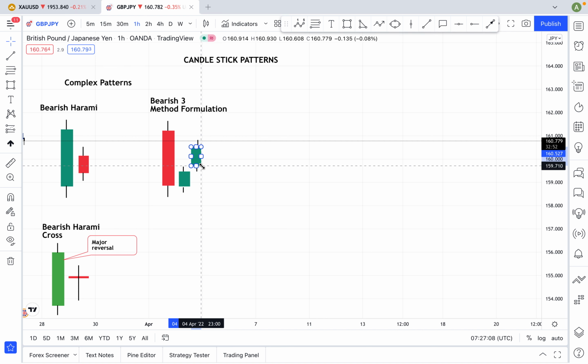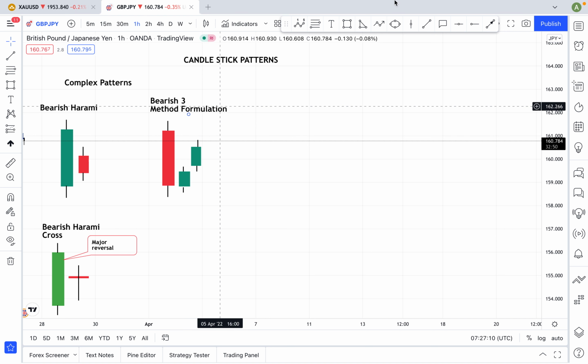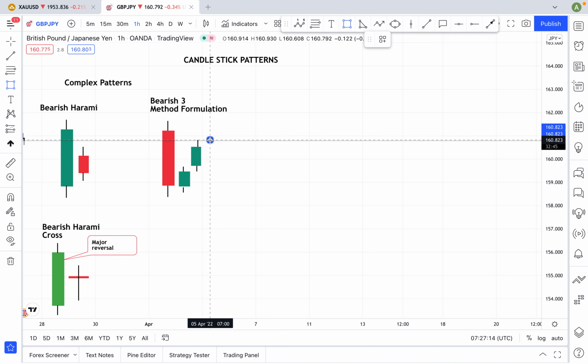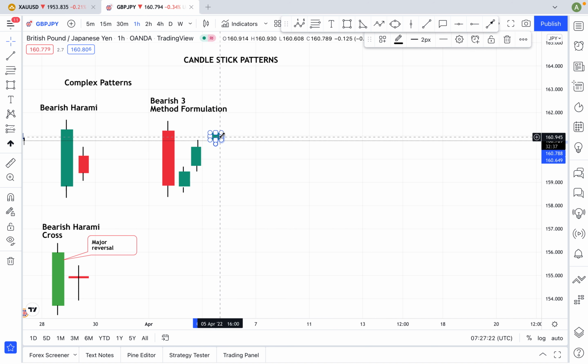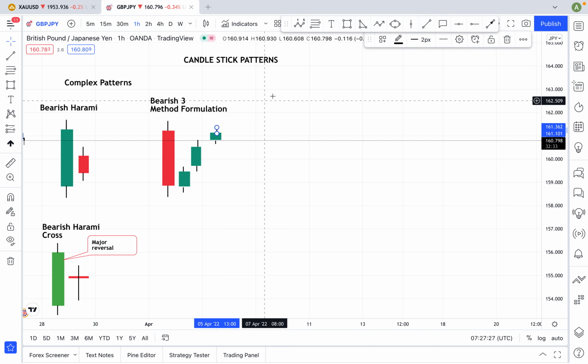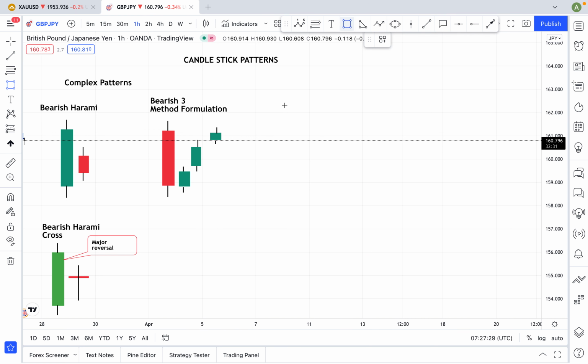No matter what, you can't. Then we have the smallest one here at the top, a very small one. Sometimes it might be smaller than this, but you're going to see how small it is on your charts when you look closely.